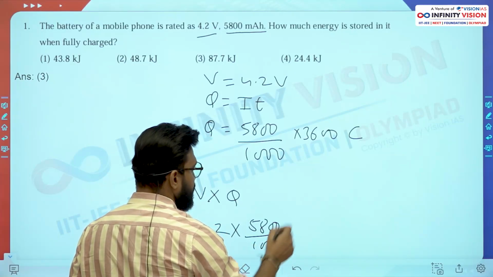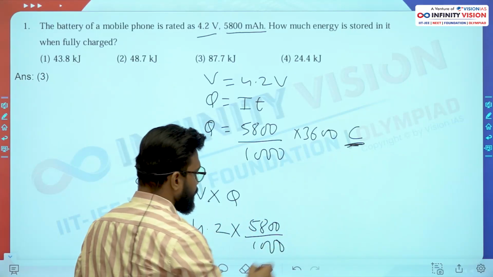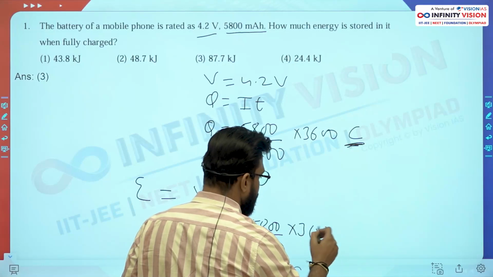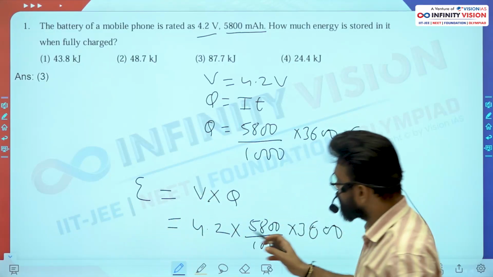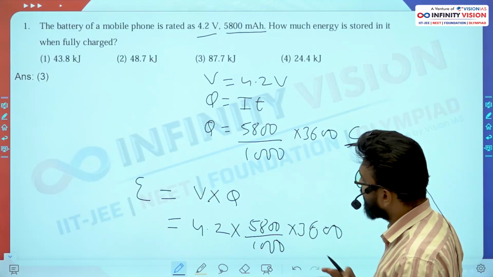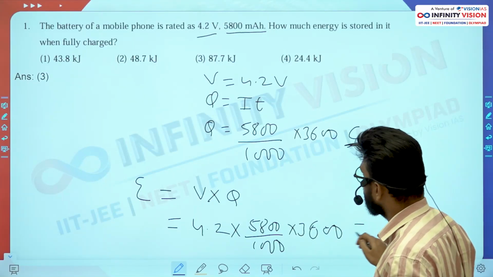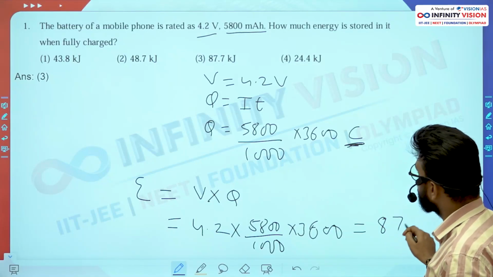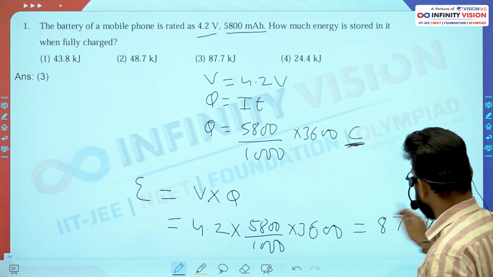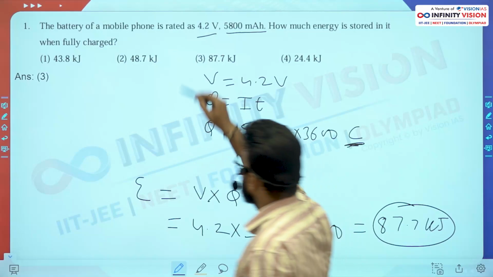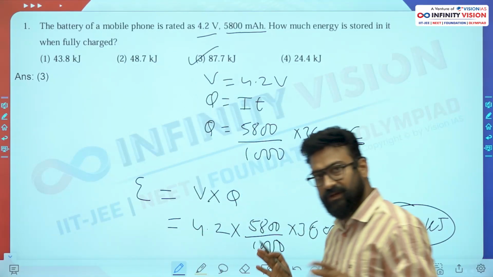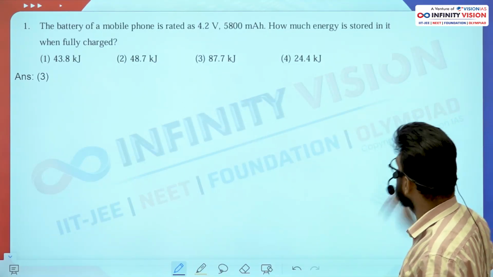Remember, you have to convert it into coulomb, multiplying by 3600. So solve it, and the answer is already given in kilojoules. So the third option will come, which is 37.7 kilojoules. So this is the third option that you will get after solving this. Okay, next, we'll be moving to the next question.